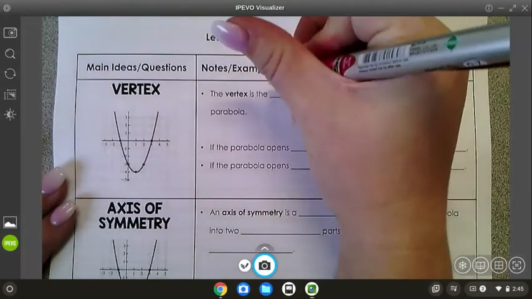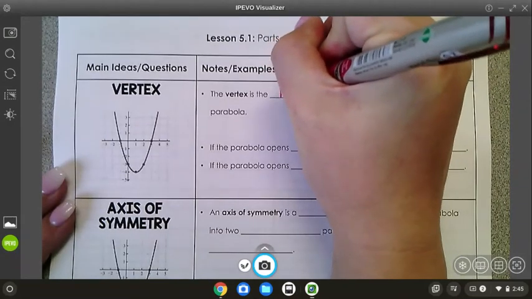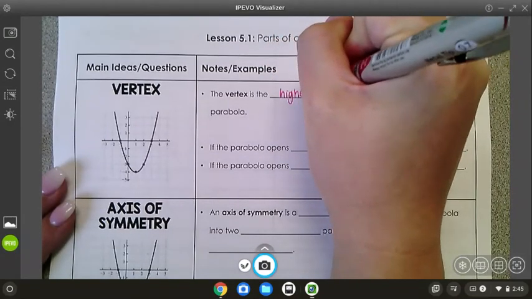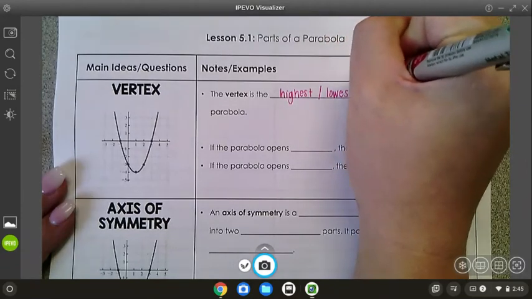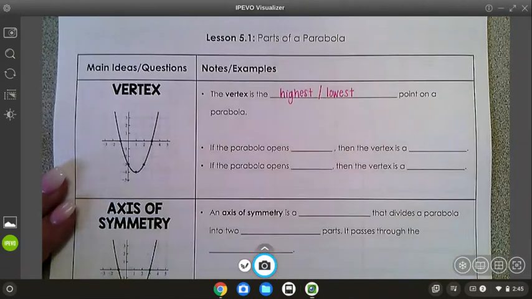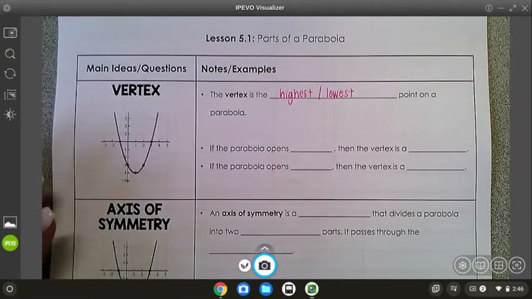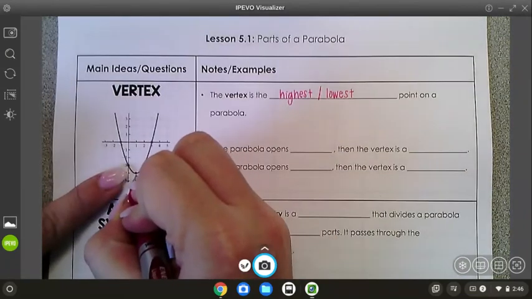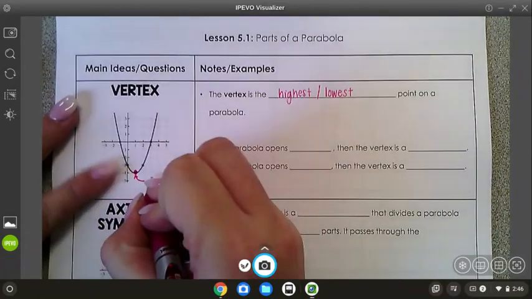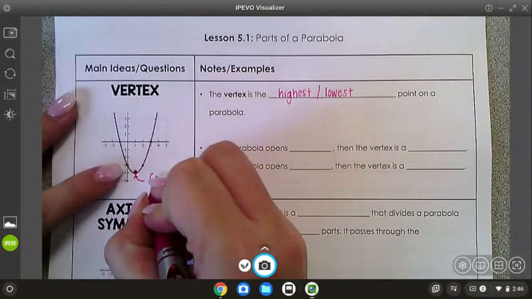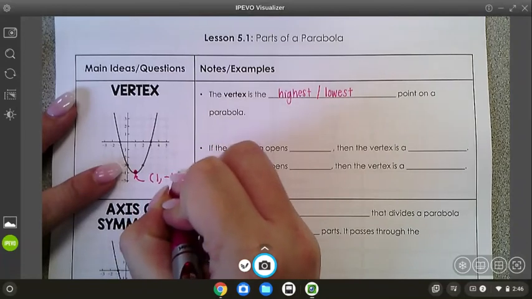The vertex is the highest or the lowest, depending on the way it's facing, point on a parabola. So in this example right here, this would be the vertex. And that is the point 1, -4.